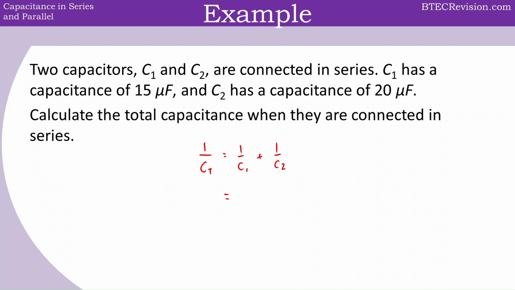We plug in our values. 1 over 15 plus 1 over 20, which gives us a value of 7 over 60. Now we can just take the reciprocal on both sides, which gives us C total equals 60 over 7.